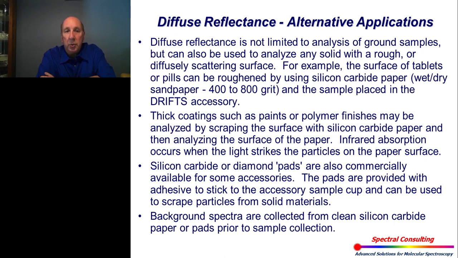And what we do is we collect a background spectrum from a clean silicon carbide paper or pad, and then we collect our sample spectrum. There's a lot of these commercially available, and we can get the pads that are self-adhesive, so they have a little sample cup that has a flat surface, so the pad will stick right to the surface of that.